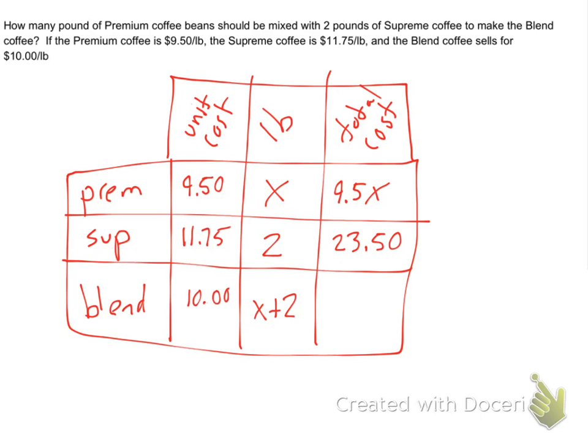Then what is the price of the blended coffee? 10 times X plus 2. And the cool thing about this is the top 2 costs will equal the cost of the blended coffee.